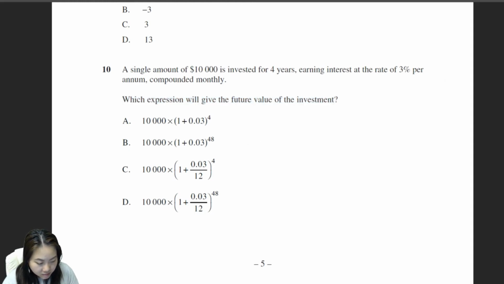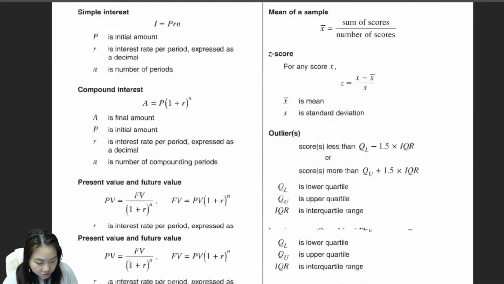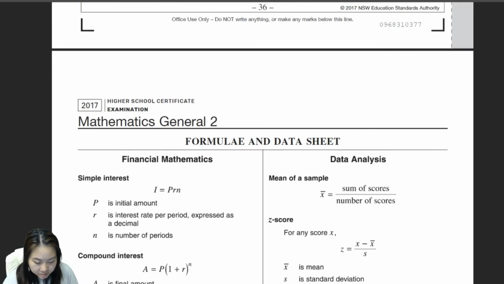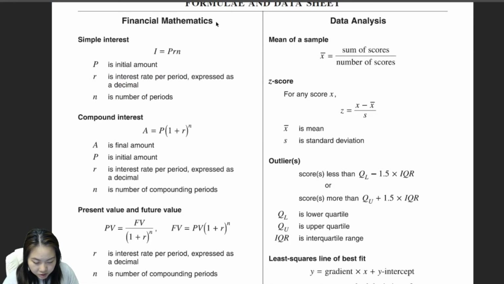Alright, now we go to the paper. Financial mathematics, compound interest. This is the future value, and we have the principal amount, which was like $10,000 or something. We have the rate, we have the number of years or compounding periods, and we use this one.